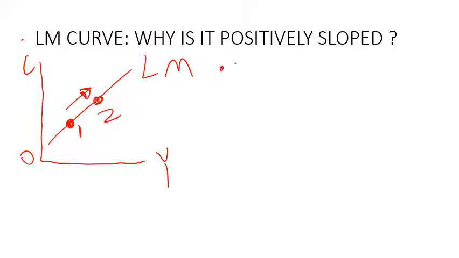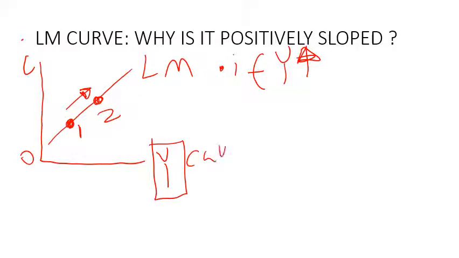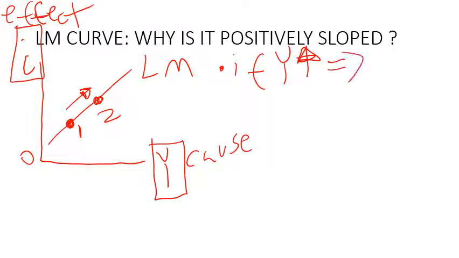All right, let's see. If the income level goes up, again, this is the cause, a change in Y, and the change in the interest rate, that's the effect, that's the result. So if national income goes up, and there are many reasons why it may go up, right?